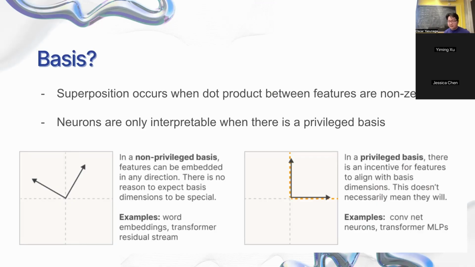That usually is a result of the fact that the space you are working with is rotationally symmetric. So if you apply a rotation matrix to a linear model and then try to understand it, you can apply the same rotation matrix, just the inverse of it, and you'll get back to your original space. But you can't do this with a privileged basis.